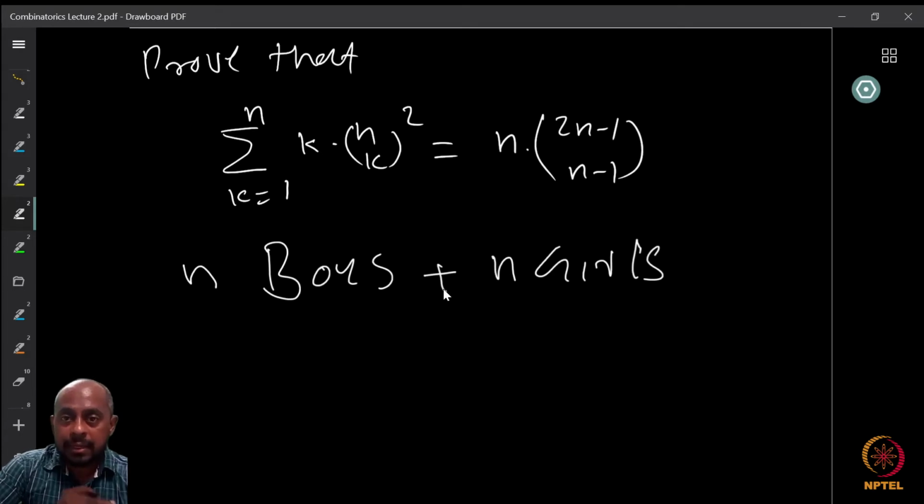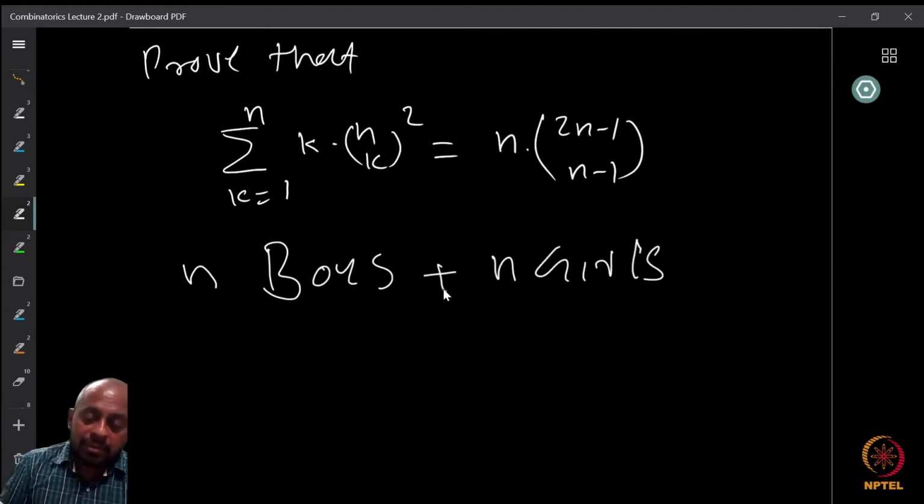I want to select a club with n people inside, and I want to make sure that the club has a president, and the president is a girl. They usually do a better job as president than the boys.